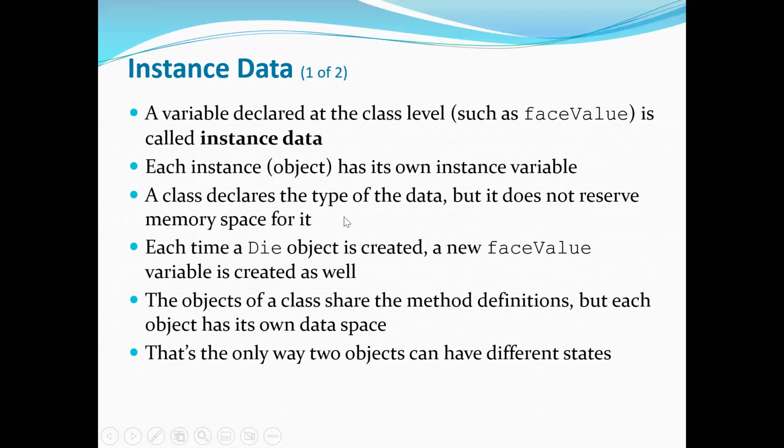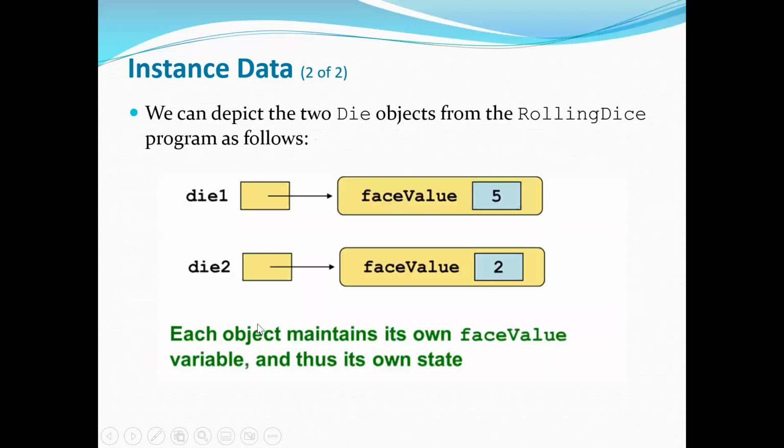Also, a class declares the type of data, but it doesn't reserve memory space for it. Each time a Die object is created, a new faceValue variable is created as well. The objects of a class share the method definitions, but each object has its own data space. That's the only way two objects can have different states.